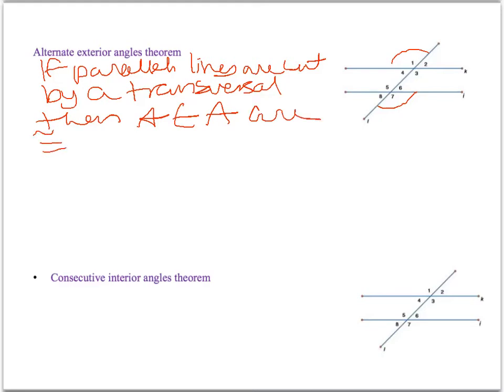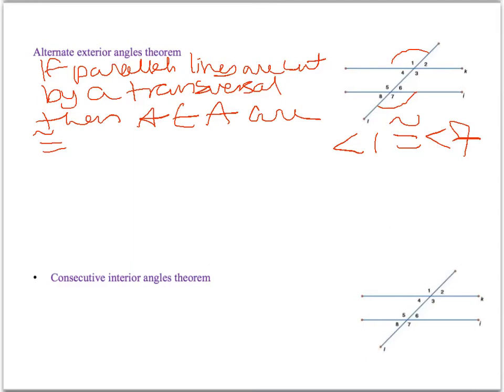So angle 1 is congruent to angle 7. All right, those two theorems and that one postulate all pretty much say the same thing, that the angles are congruent if the lines are parallel.